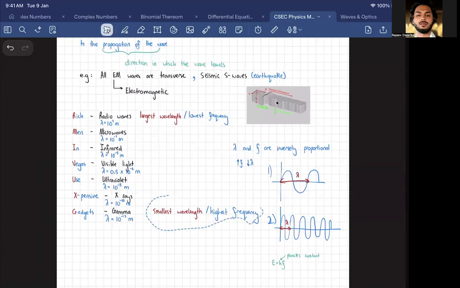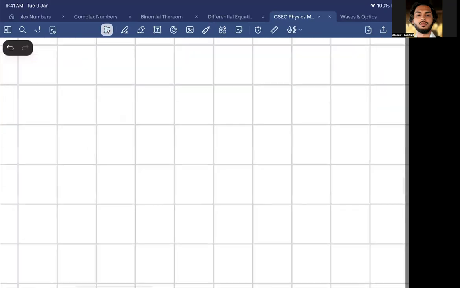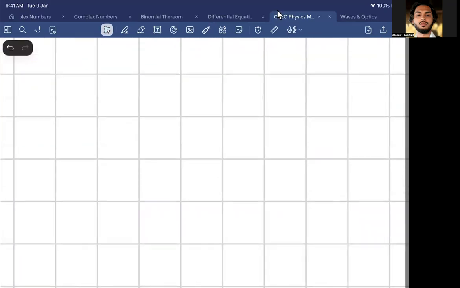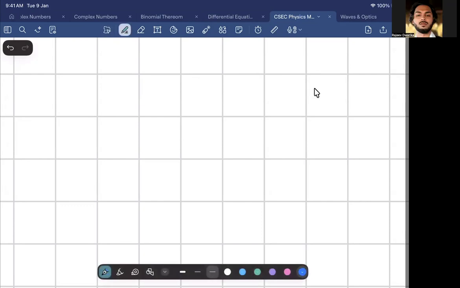So rich men in Vegas use expensive gadgets. Ambika, tell me the acronym. Rich men in Vegas use expensive gadgets. And if you were to call it out for me, the first one would be what? Radio waves.